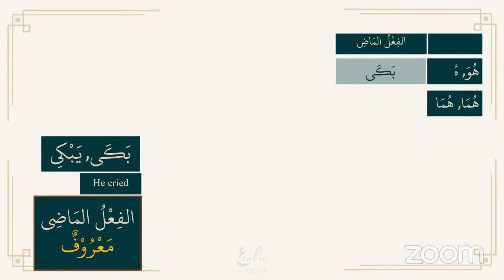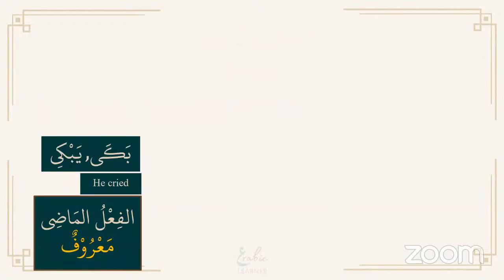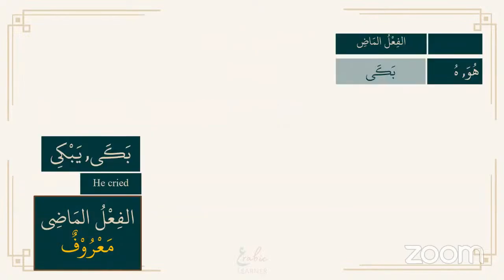What could be huma? I want you to give answers. Now it's very simple. Daraba yadribu, this is the bab, right? Remember this. Now start making all the conjugations according to it. Okay, baka.